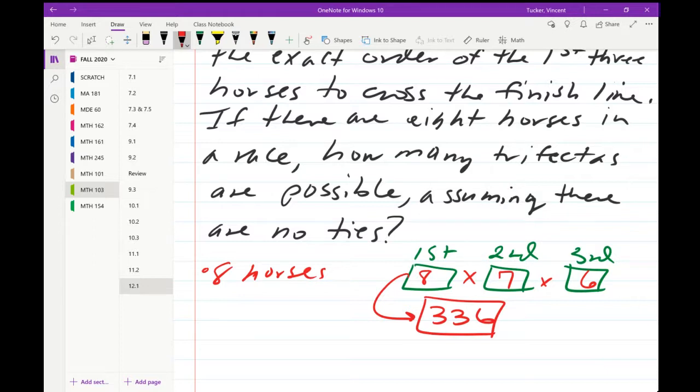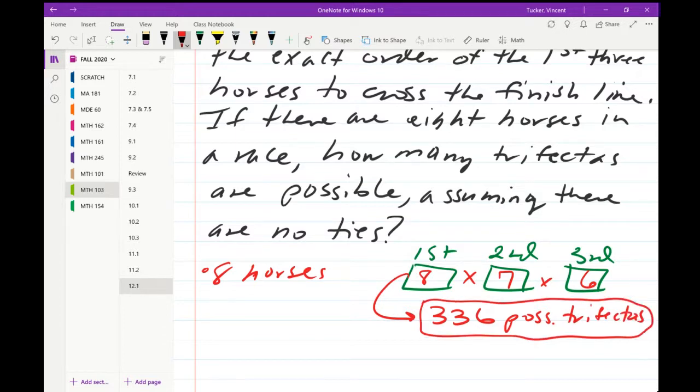So that's 336 possible trifectas. All right. Questions before we look at the last one?